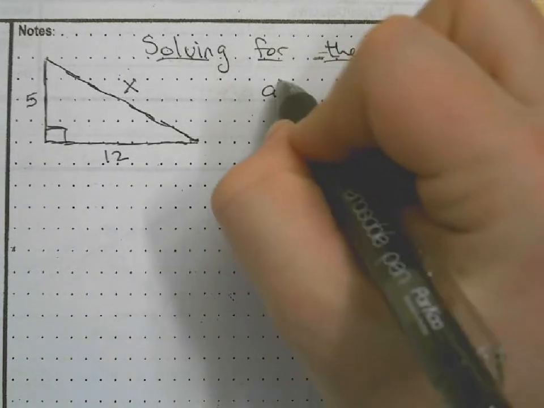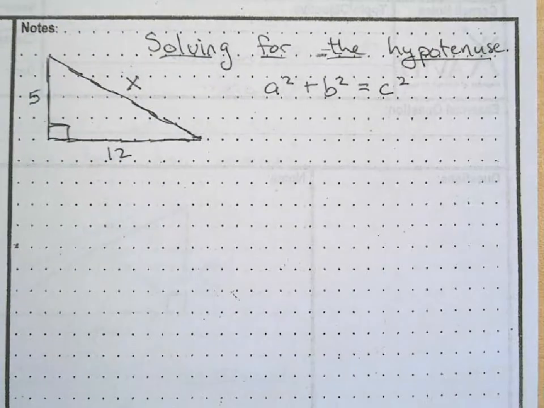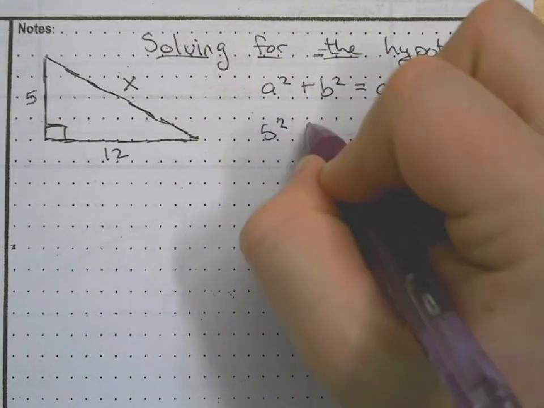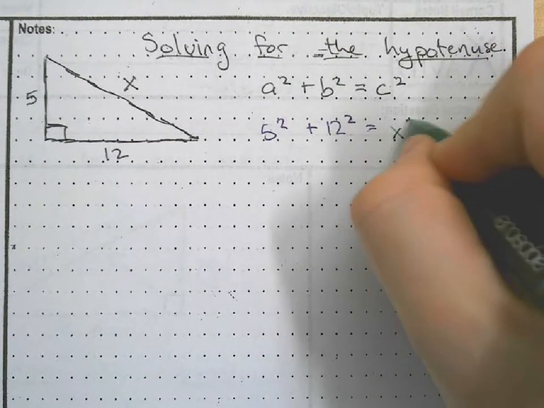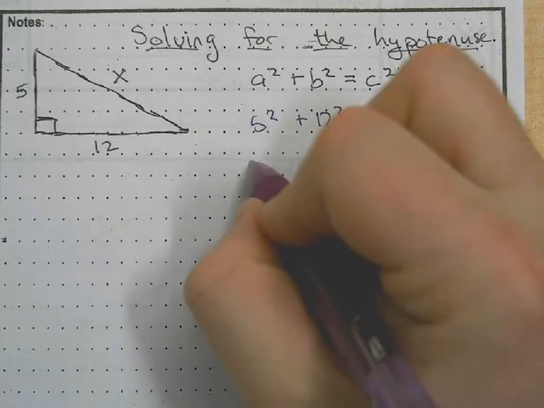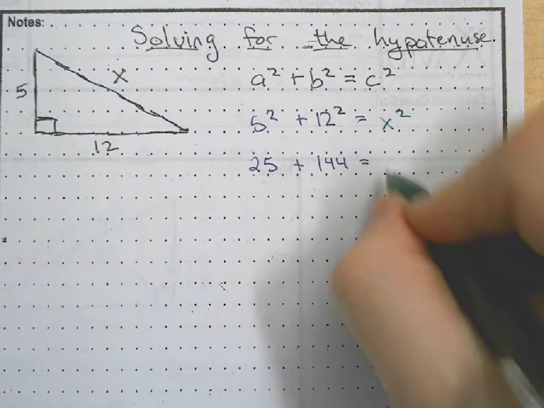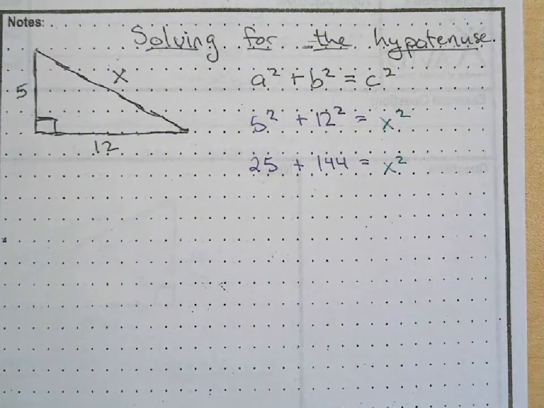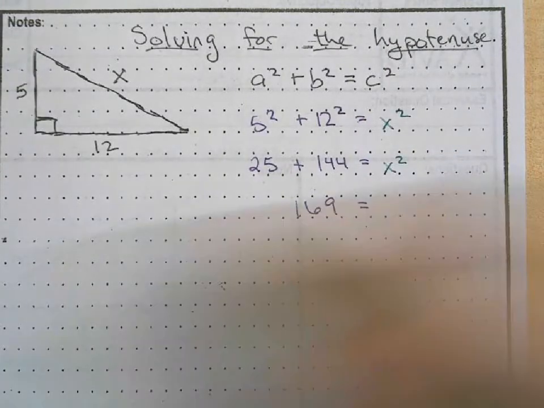We're just going to be using A squared, that's the leg, plus B squared, our other leg, is equal to our hypotenuse squared. So I plug in my values. So I have 5 squared plus 12 squared equals x squared. And now we go about simplifying. So I'll get 25 plus 144 equals x squared. Combining my constants, and I have 169 is equal to x squared.